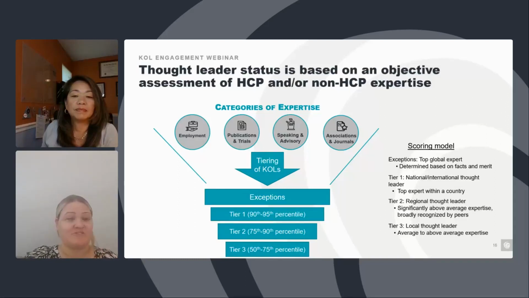We look at the same information, but we use it in the way of assigning an expertise level to identify an appropriate payment amount for that specific HCP.